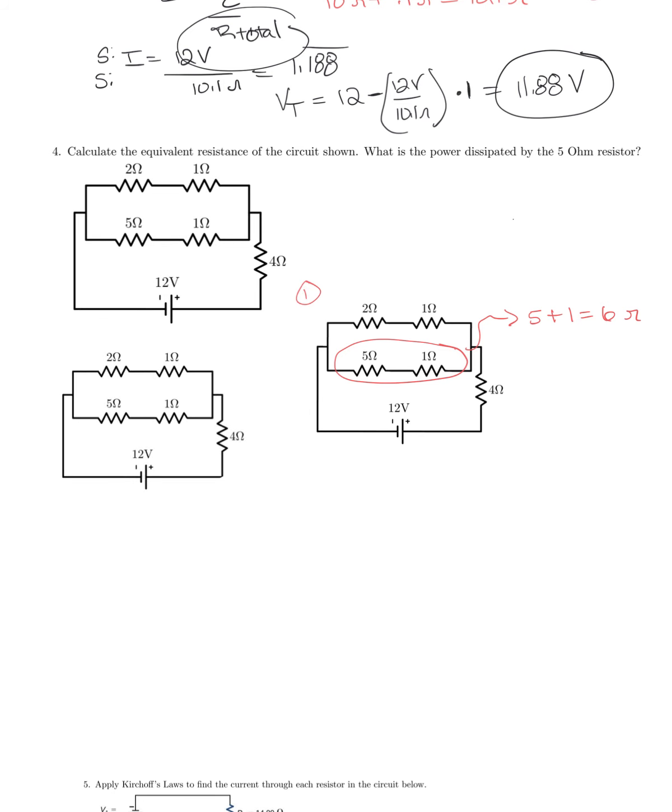Call this number 2. And let's take this and turn that into just one resistor of an equivalent resistance of 6 ohms.